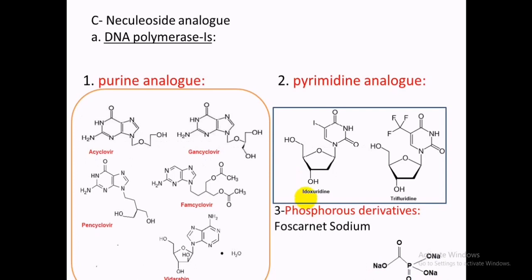The nucleoside analogs, which include DNA polymerase inhibitors. Nucleoside analogs act on the DNA polymerase enzyme as inhibitors.